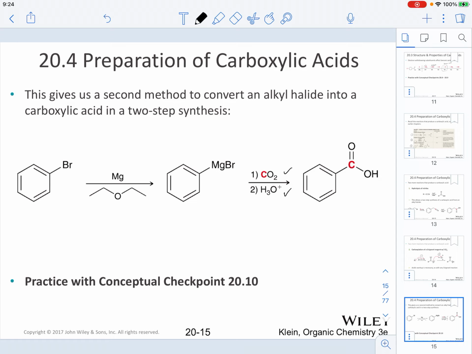So when you're writing these steps to illustrate the formation of a carboxylic acid by reacting a Grignard with CO2, you need to put it as step 1, and then step 2, the acidic workup, is independent from the addition of that CO2. In this reaction, we're illustrating a new way to make, specifically here, benzoic acid. But you can utilize it to make any organic compound.